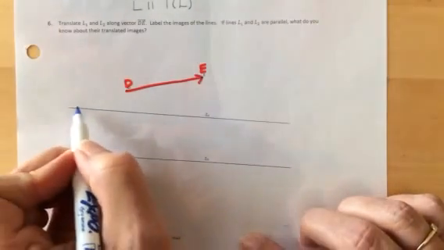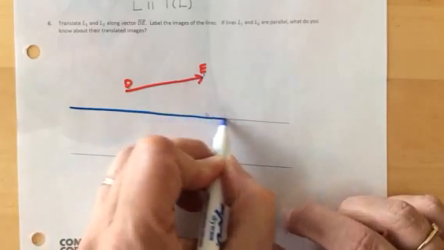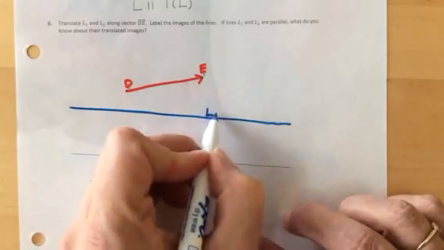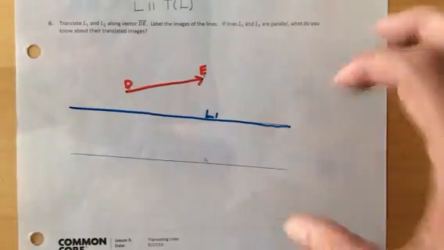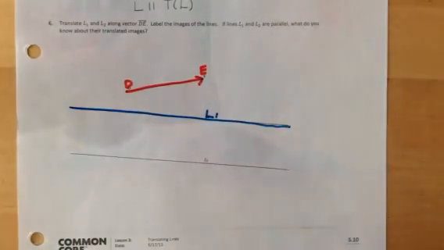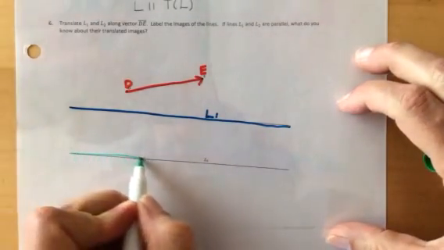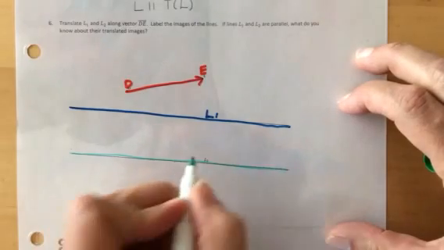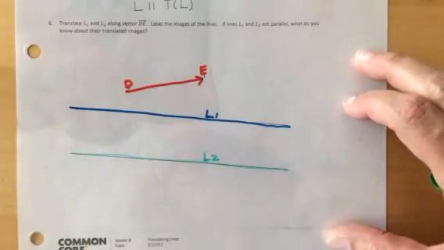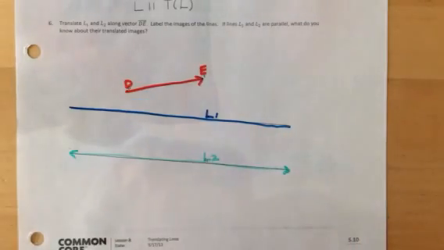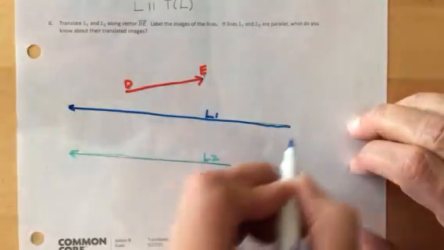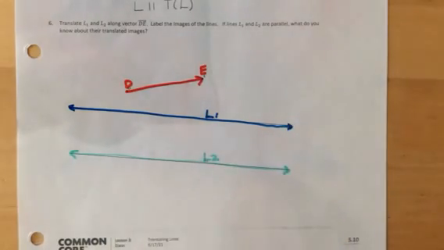So this is line 1, call it L1. And here's, in a different color, line 2, we'll call it L2. And these lines, of course, go on in every direction, don't they? But they're not always drawn with the arrows on them. But it's an entire line in the plane.